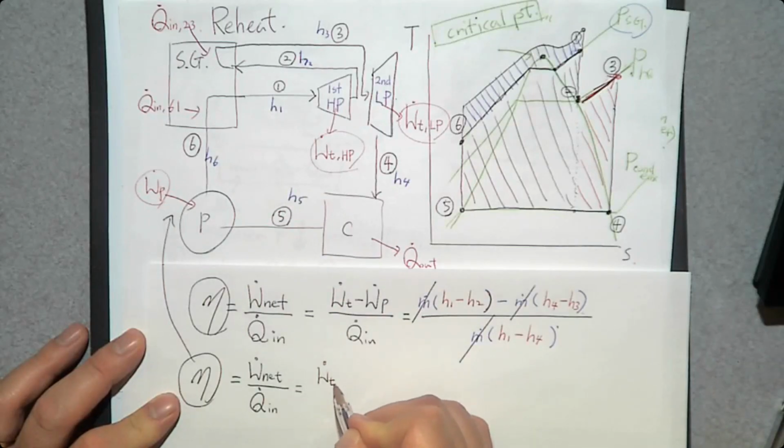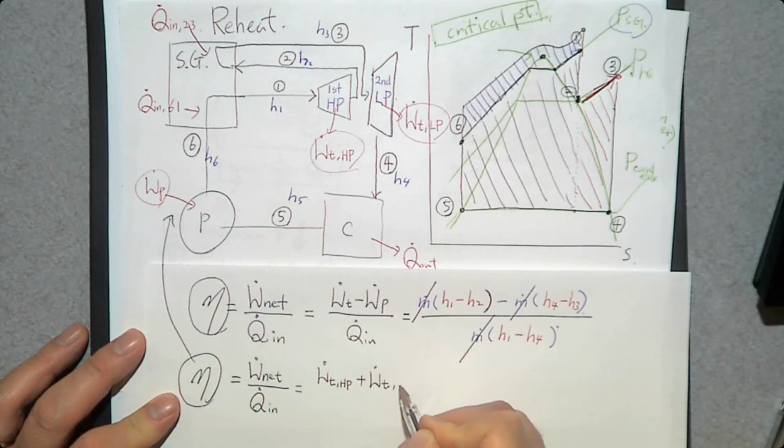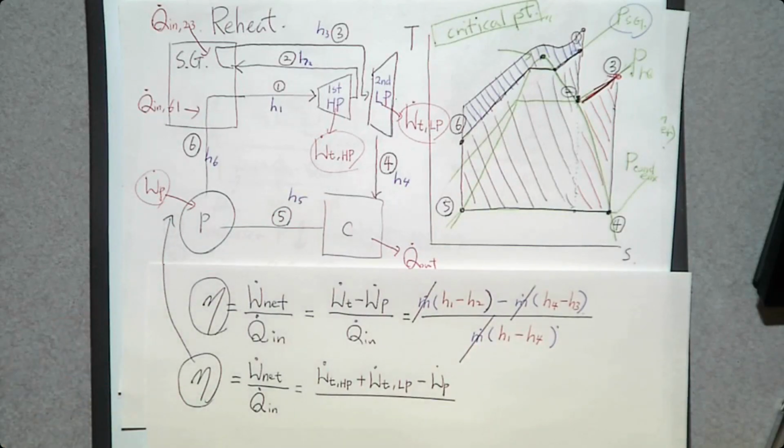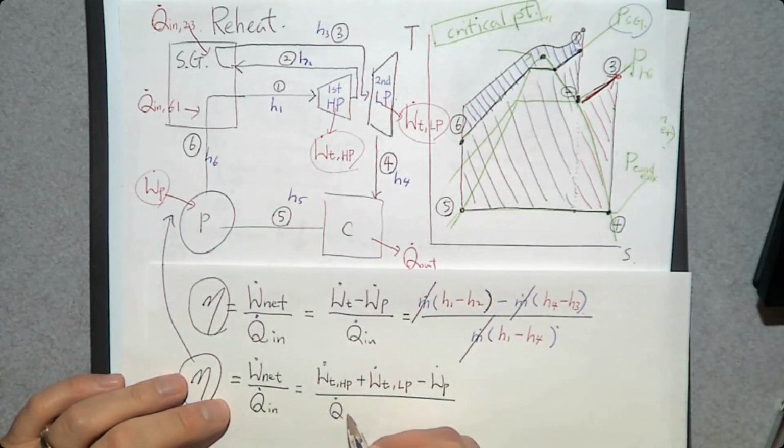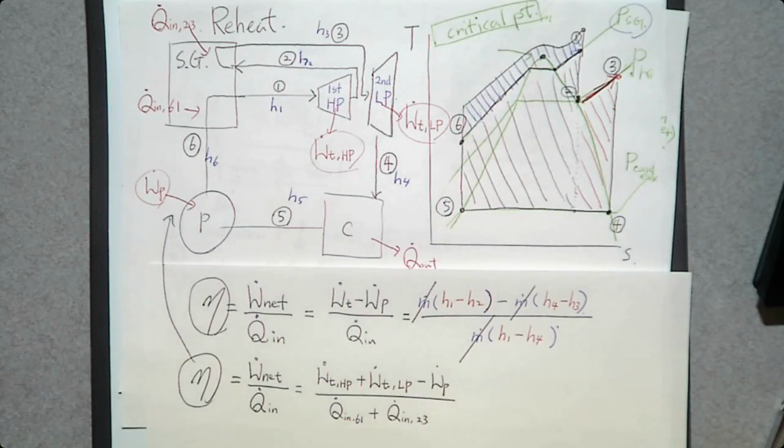W dot T HP plus W dot T LP minus W dot P over how many heat transfers into the Rankine cycle? 1 and 2. Q dot in 6 to 1, Q dot in 2 to 3. So Q dot in 6 to 1 plus Q dot in 2 to 3.